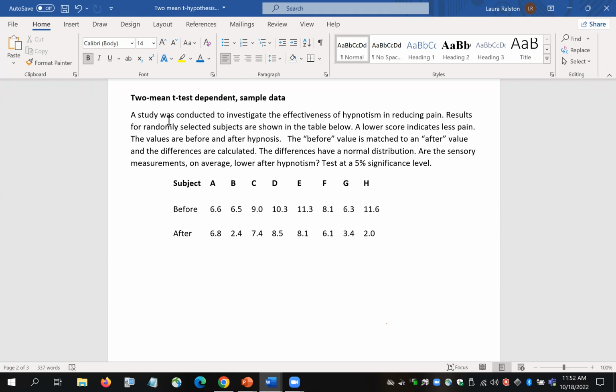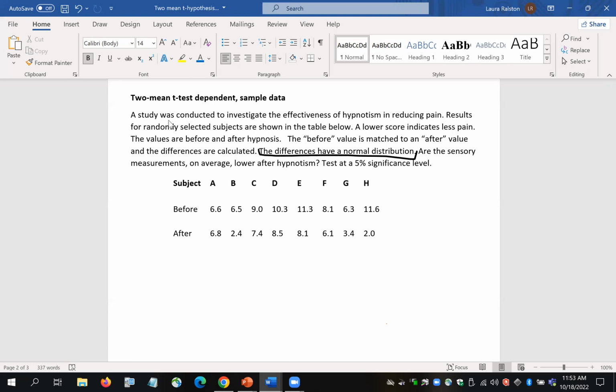The values are before and after hypnosis. The before value is matched to an after value, and the differences are calculated. And that's going to go on behind the scenes in Minitab. Those differences, and that's important to note, because that's really what we're focused on, the differences have a normal distribution.